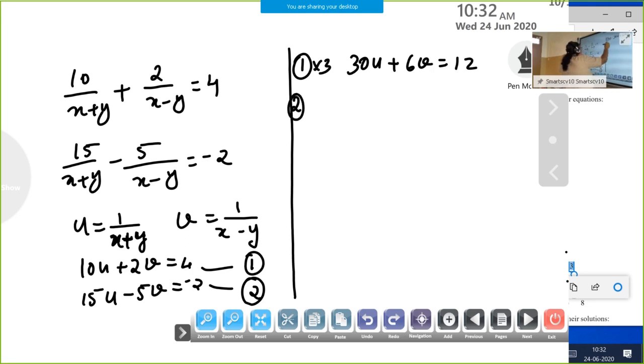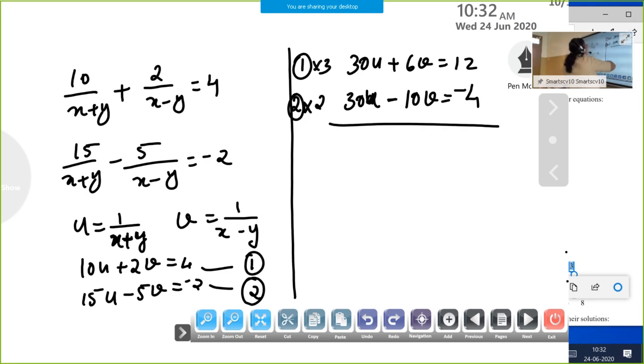Second equation into 2: 30u minus 10v is equal to minus 4. Then subtract. The first term is eliminated. Second term 16v is equal to 16.